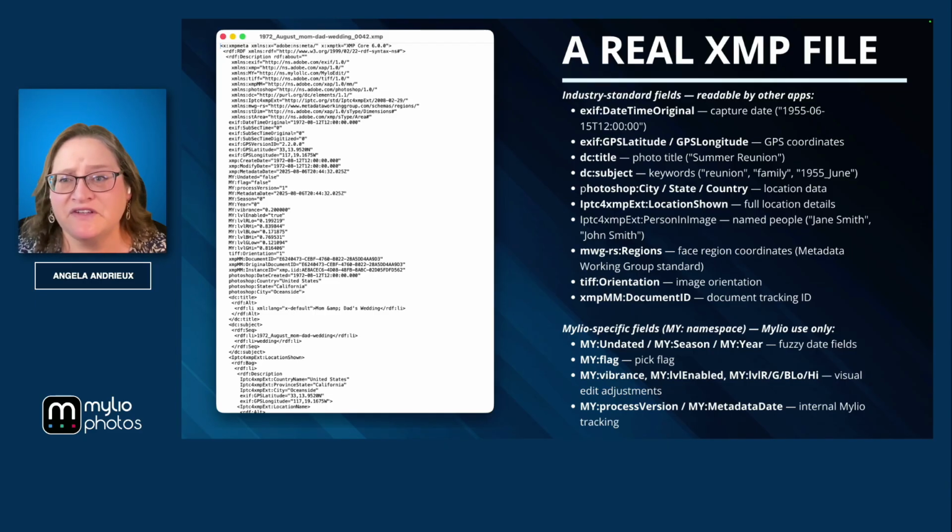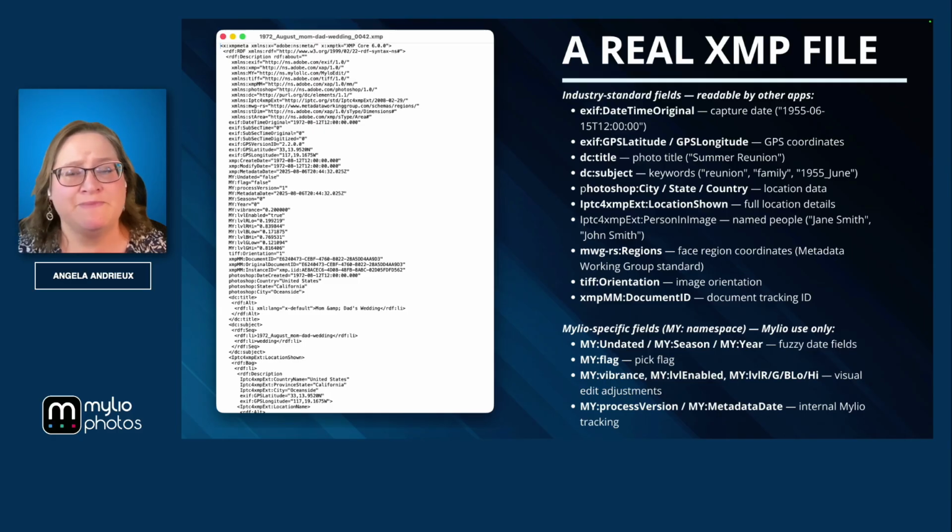Now, some of these fields, as I mentioned, are industry standard, meaning they are readable by other apps. Some of them are Mylio-specific. So let's go through this. You don't have to necessarily recall this, but it's good to know that some of the information Mylio saves to XMPs is universal, and then some of it is Mylio-specific. Mylio does the best it can to follow the Family History Metadata Working Group standard.